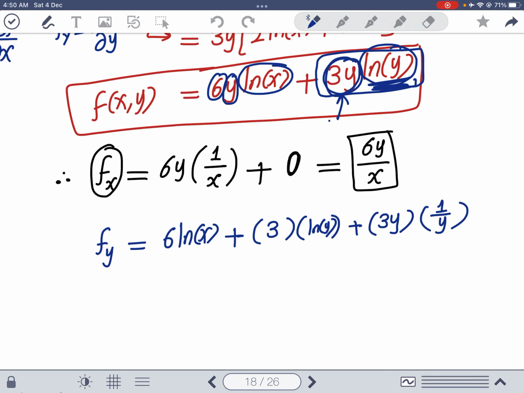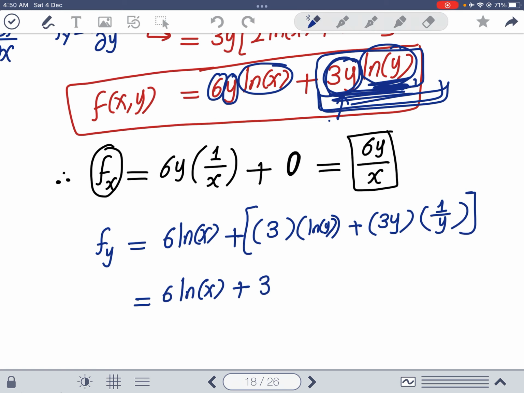That's just from the product rule. It gave us this as the derivative of this thing here with respect to y. And so, finally, you'll do 6 ln x plus, now, this will be 3 ln y plus, y cancels y here, and you get just 3.